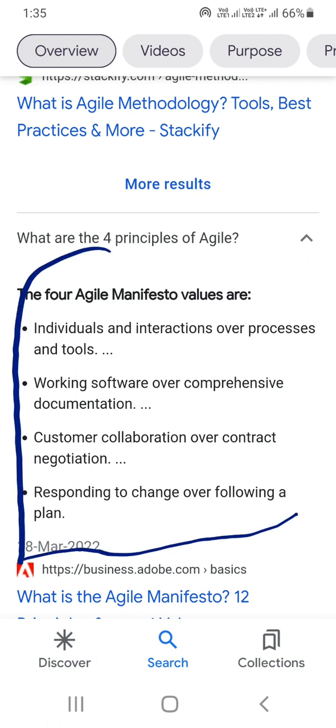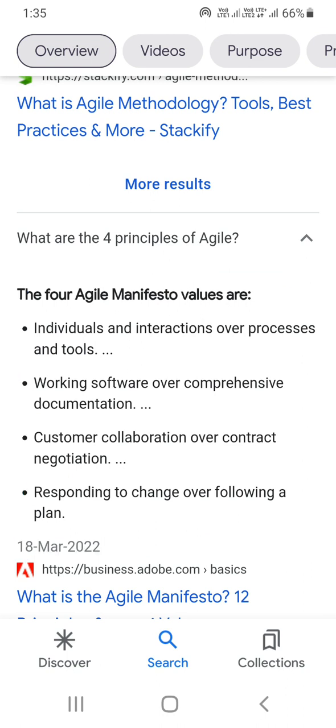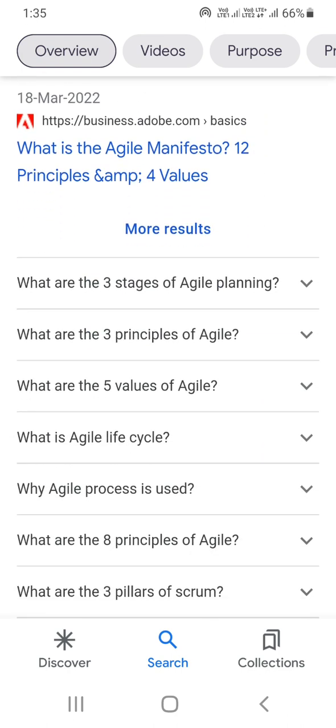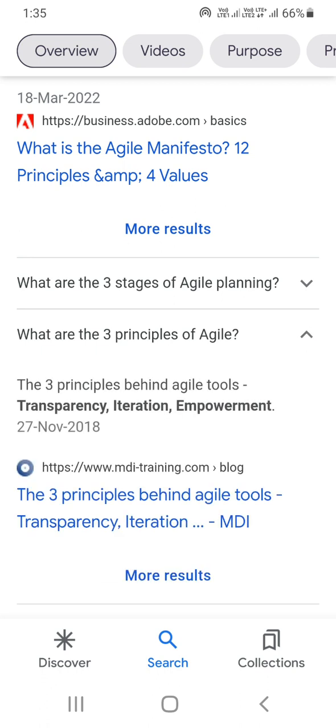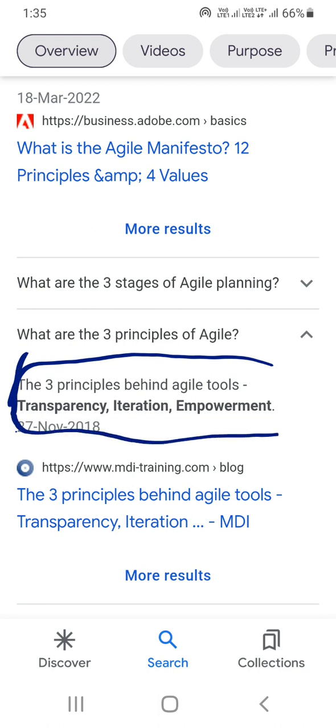You can take a screenshot or read it. Individuals and interaction over process and tools, working software over comprehensive documentation, customer collaboration over contract negotiation, responding to change over following plans. Now we need to know what the agile principle is. The three principles behind agile are transparency, iteration, and empowerment.